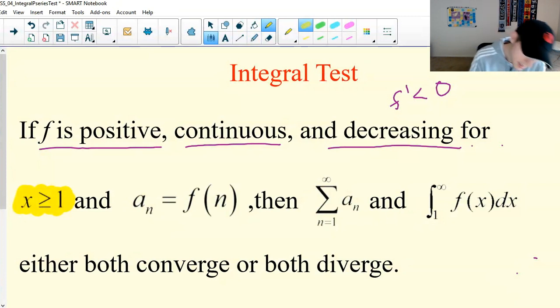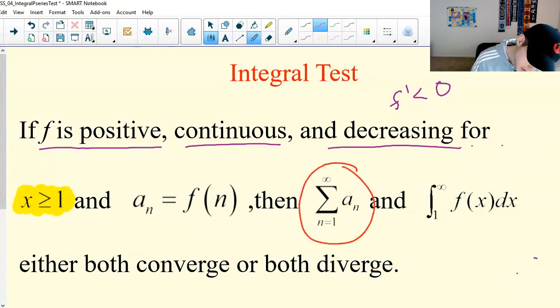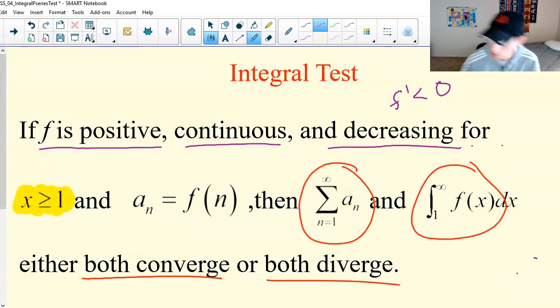So what we can say is this series and this integral either both converge or they both diverge. So if we know one, then we'll know the other.